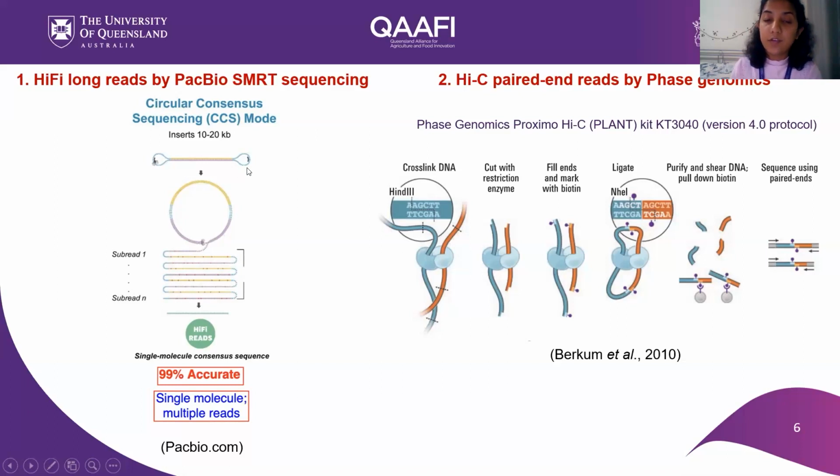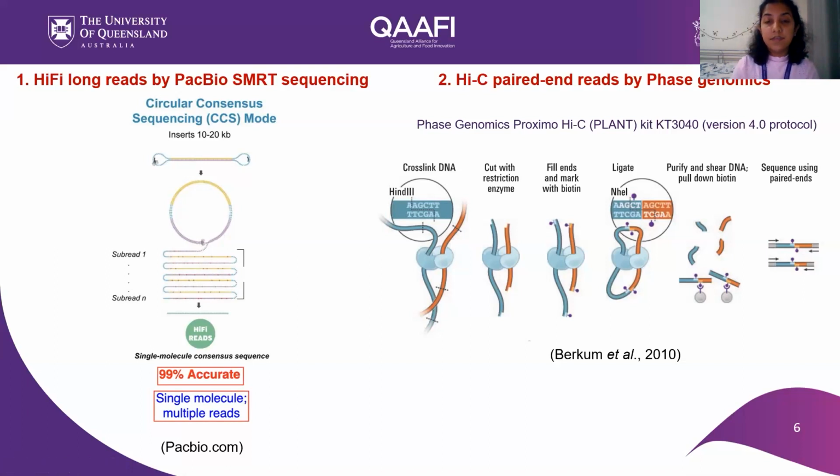In addition to the HiFi reads, we also have another type of read, which is known as Hi-C reads. The library preparation and the sequencing was performed by Phase Genomics. In this process, first we harvest fresh leaf material, and then the DNA inside the cells is cross-linked using formaldehyde to fix the DNA sequences inside the cells.